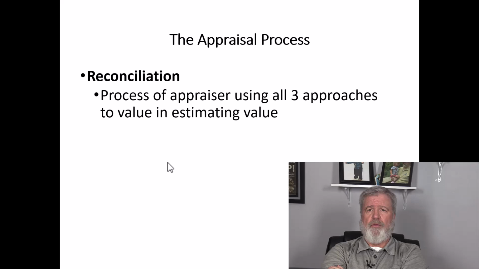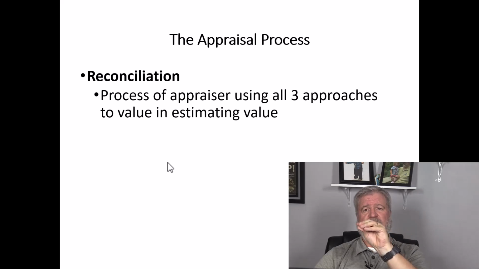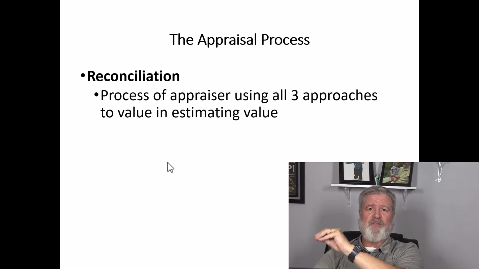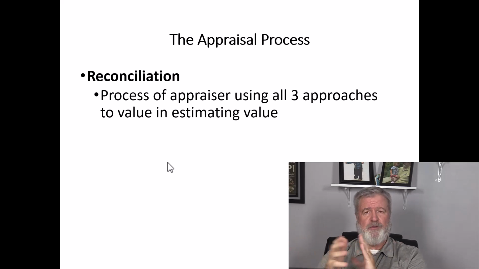They've used all 3. So, my sales comparison approach says it's worth this amount. The income approach says it's worth this amount. And the cost approach says it's worth this amount. And hopefully there won't be a gigantic difference between the value of the 3.